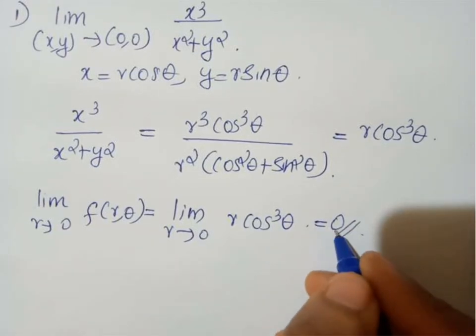So this function has a limit as (x, y) approaches (0, 0), and the value is 0.